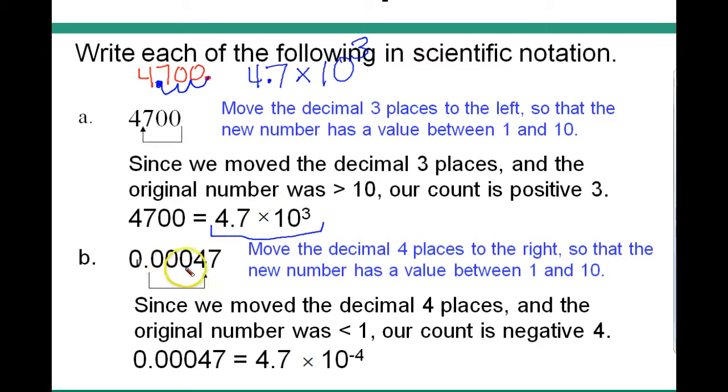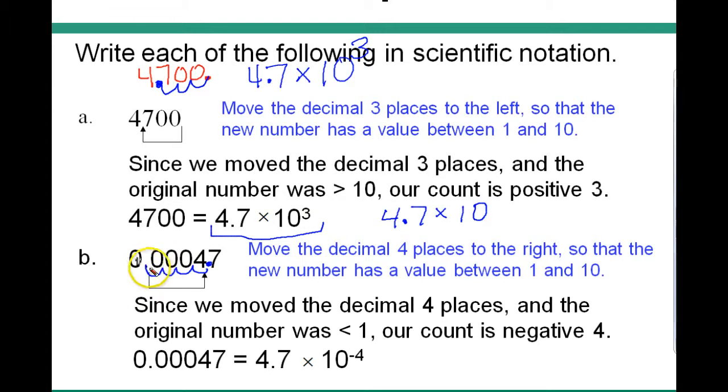Now, if we have a small number like this, again, we want to move the decimal to make it a number between 1 and 10. So I'm going to move it to the right 1, 2, 3, 4 decimal places. I now get the number 4.7, again, times 10.